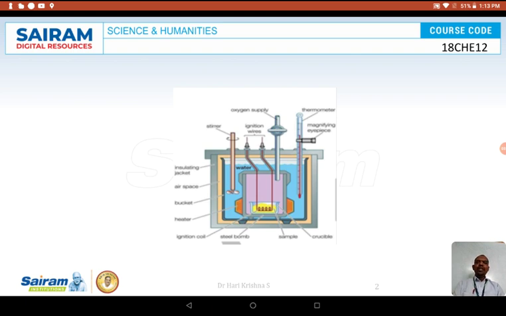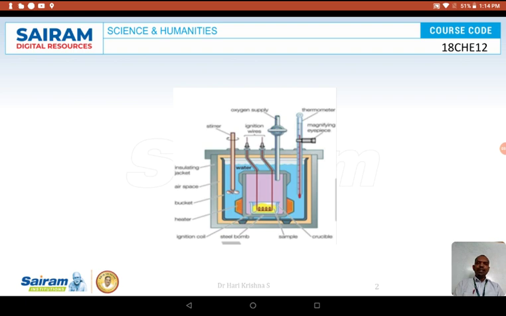We are going to take a known weight of the fuel sample in the crucible, that is, the ceramic or platinum crucible. Before igniting the fuel, we take the initial temperature of the water, which will be noted down. The fuel will be ignited using the electric ignition system.